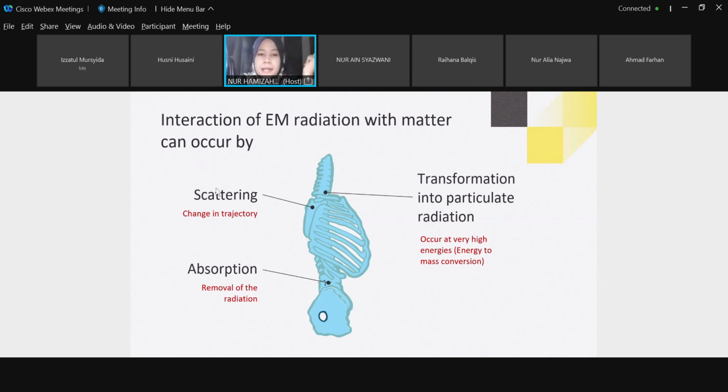This one, the common one, is scattering or absorption process. You will learn more with Dr. Nazifah. Later, when you get to the topic of interaction of radiation with metal, you will learn in detail about this. Okay, so these are the basic interactions of electromagnetic radiation with metal.